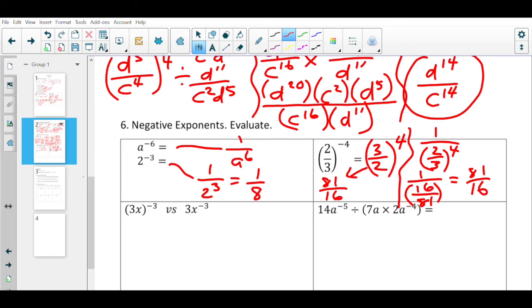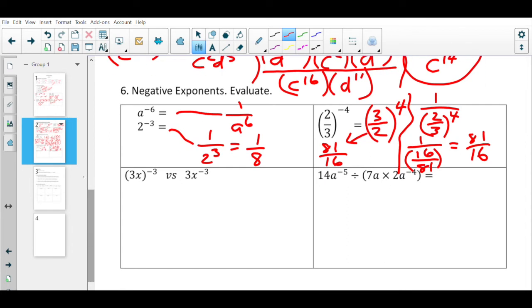This versus that. Brackets 3x to the negative third versus 3 times x to the negative third. So mind your brackets and what the exponent is attached to. Always ask that question. What is the exponent attached to? So this is 1 over 3x, brackets, all to the third, because that exponent is attached to everything inside the bracket.